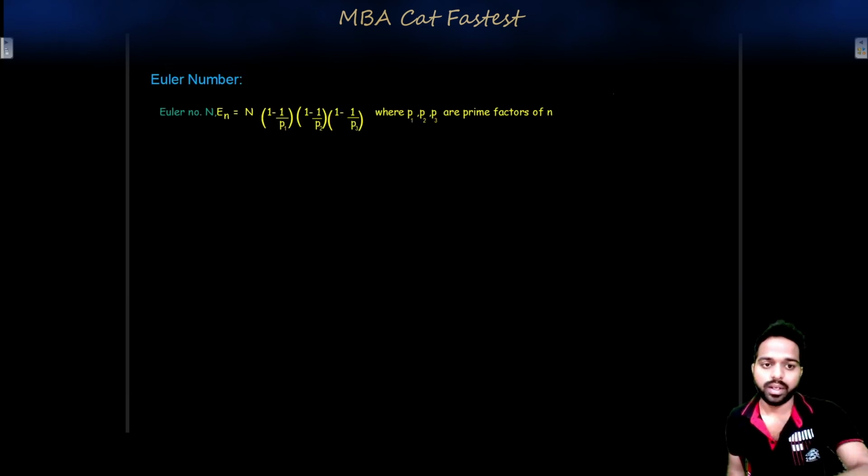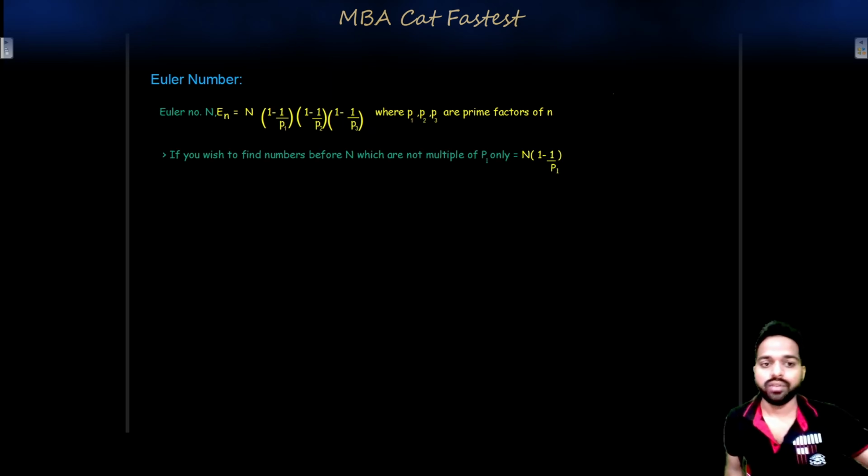What is a Euler number? Euler number is the total number of numbers which are available before n and which are co-primes to n. This is the formula for it. If n is made up of 3 prime numbers, or if it is made up of 2 prime numbers, then you will need to remove this. If it is made of just 1 prime number, or of more than that, you can extend this formula.